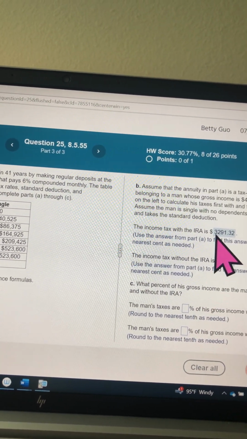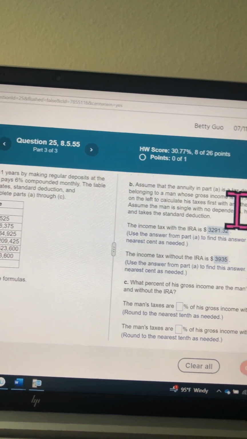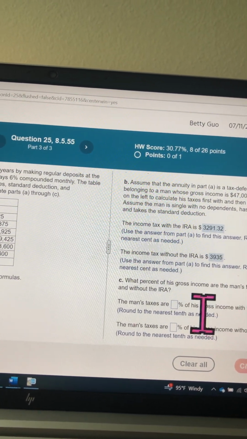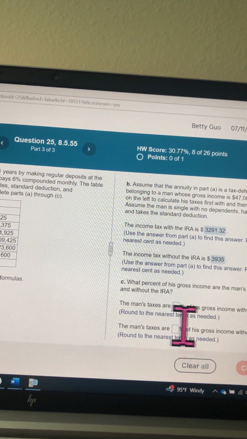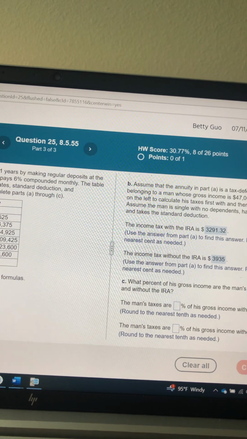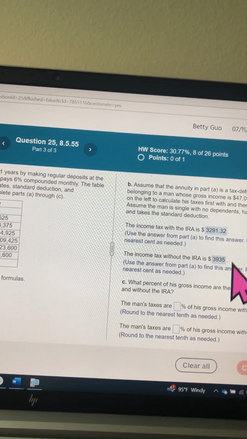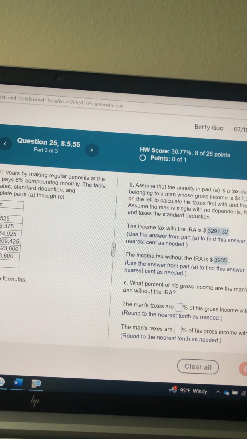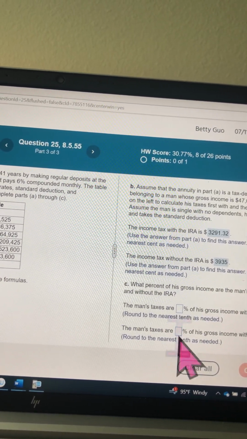You just need to use 3,291.32 divided by his gross income of 47,000, and multiply by 100. Put the number here, rounded properly. For the second case, without the IRA, you use 3,935 divided by the gross income 47,000, then multiply by 100, round it to the nearest tenth, and then put it in this cell.